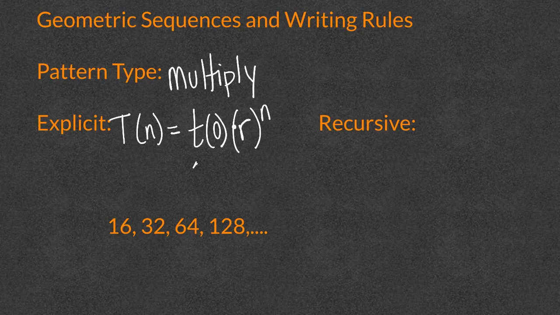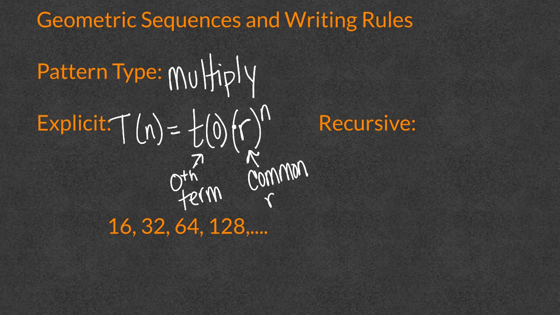Okay, so this is going to be the 0th term, and the r means your common ratio, meaning what it is that you're multiplying by, whether that's a whole number or a fraction.